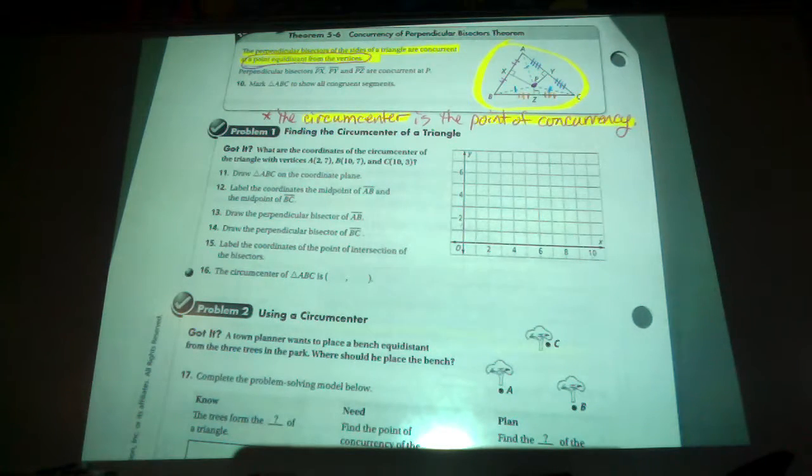So P is called the circumcenter of the triangle. So if they tell you that, you know that it was created from 3 perpendicular bisectors.